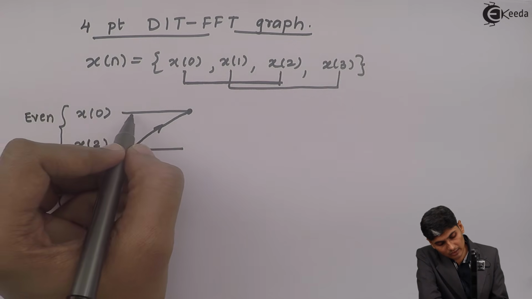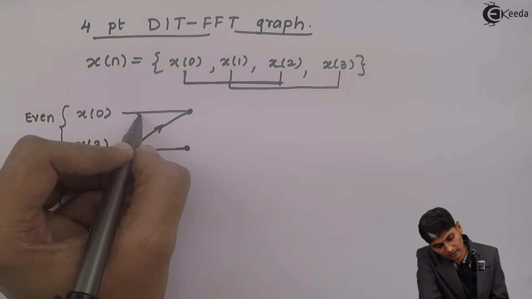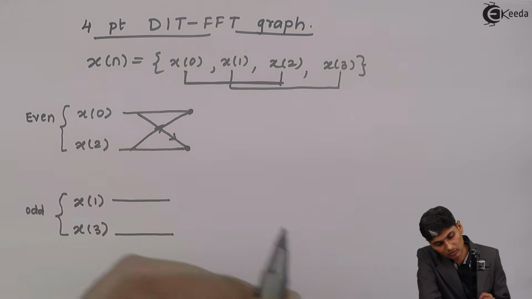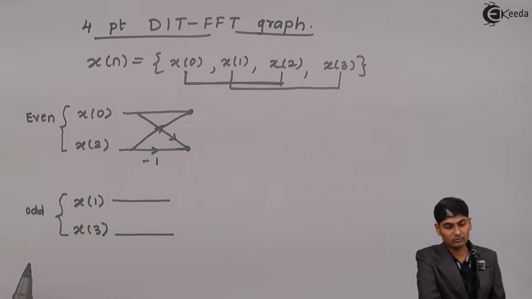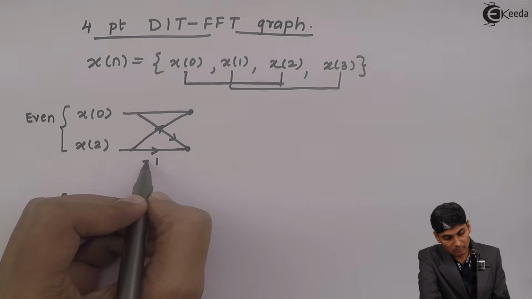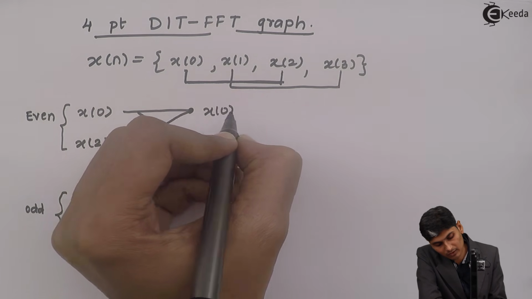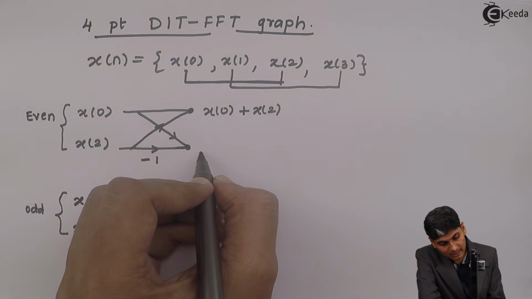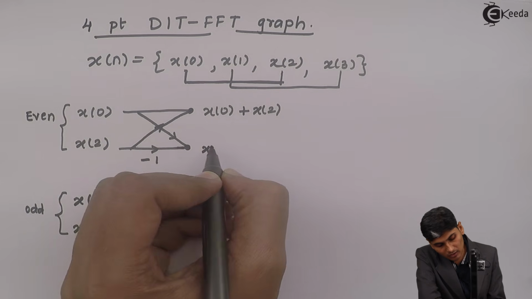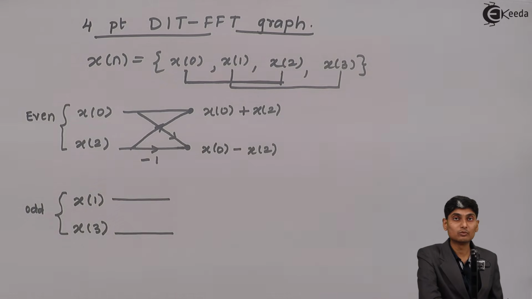Then I bring x of 0 down to x of 2, but now I negate x of 2. That means I multiply x of 2 by -1. So at this point I am going to get x of 0 plus x of 2, whereas at this point I am going to get x of 0 minus x of 2.